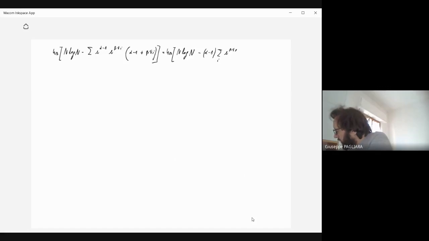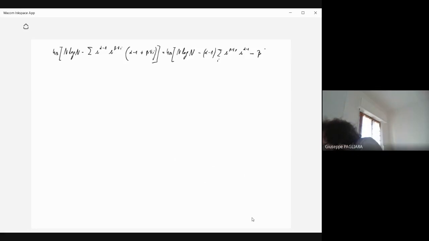Then I have the other term, which will be minus beta, that can be collected.